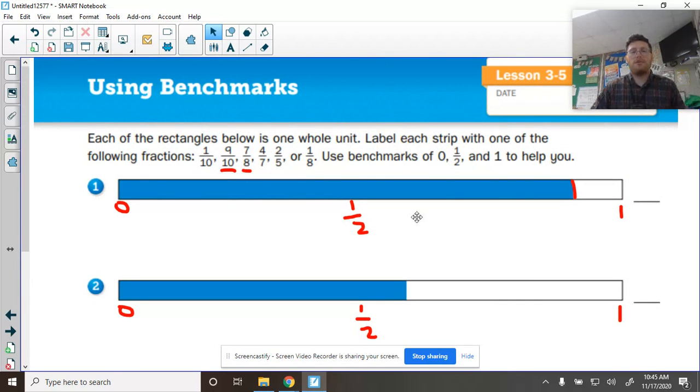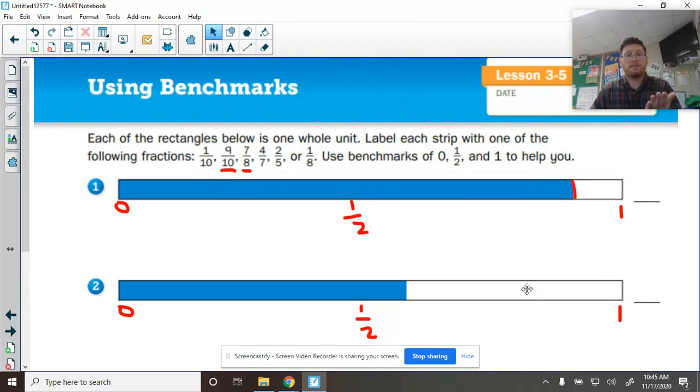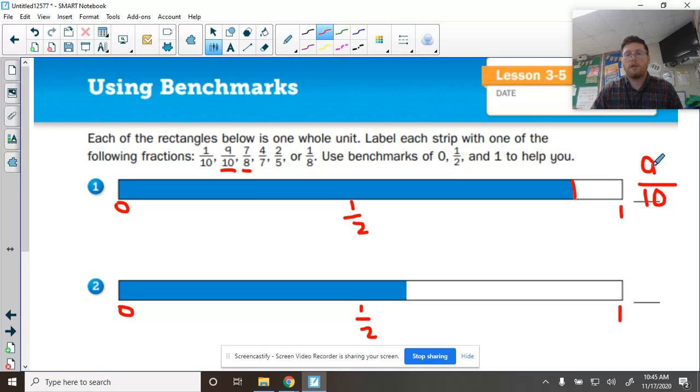If I had my fraction circles and fraction strips, I would choose that 9/10 would go on this line because that would be closer to this whole right here. If I were to break these up into smaller pieces as my denominator gets bigger, that would be 9/10 on this line.